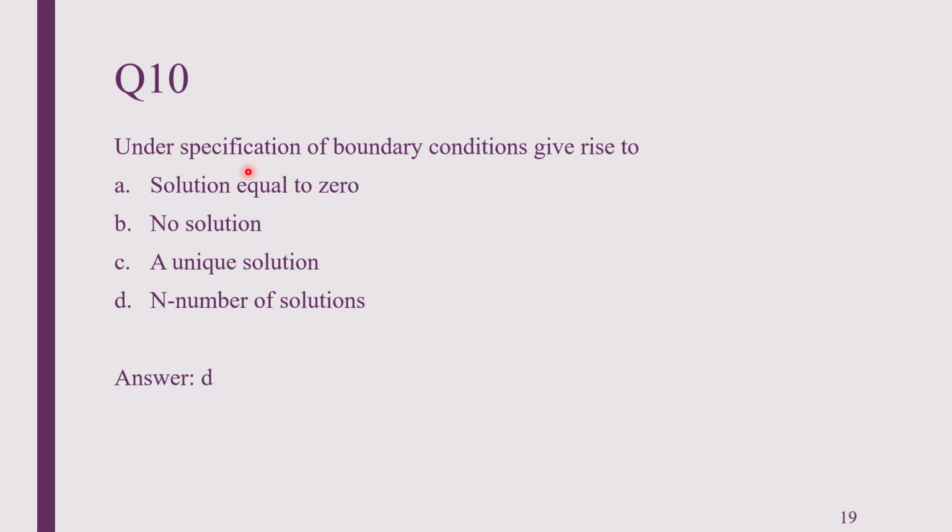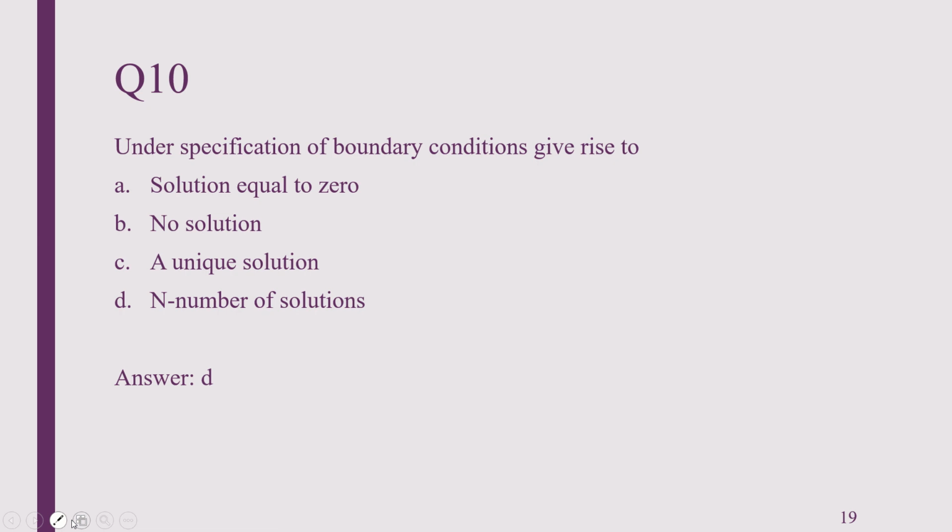Question 10: under specification of the boundary conditions gives rise to a solution equal to 0, no solution, a unique solution, or n number of solutions. So, for example, we are discretizing the domain and we'll be getting n number of equations. For solving that, we would be requiring a certain number of boundary conditions. So, if there is under specification of the boundary conditions than required, what would happen?